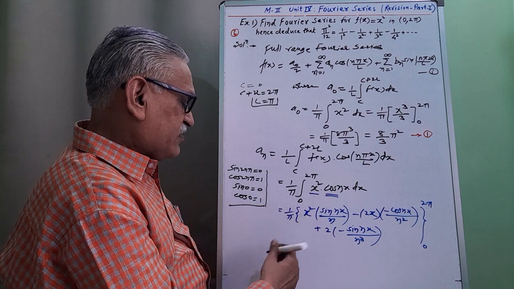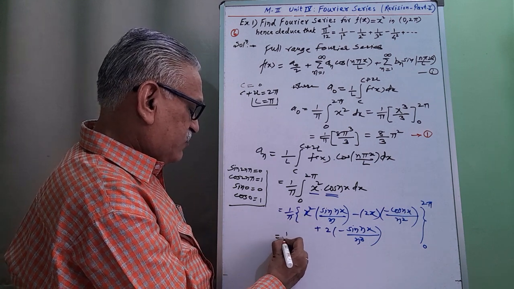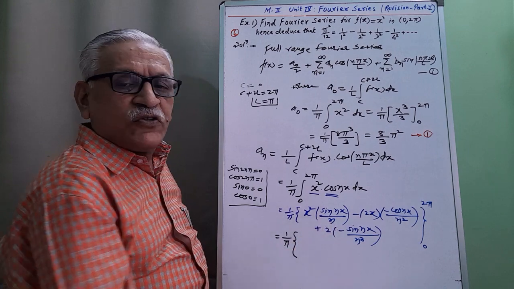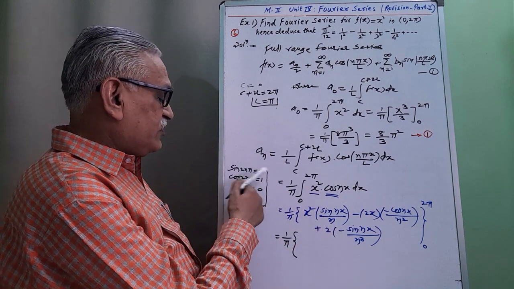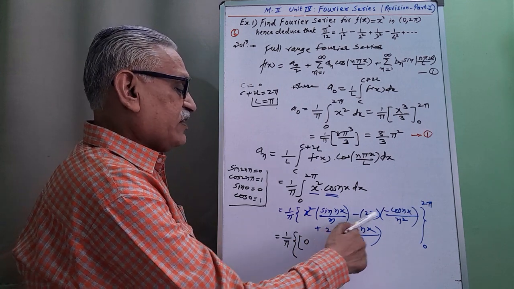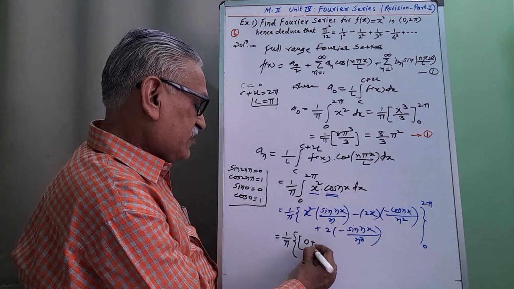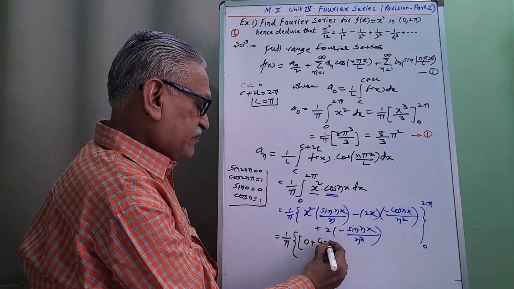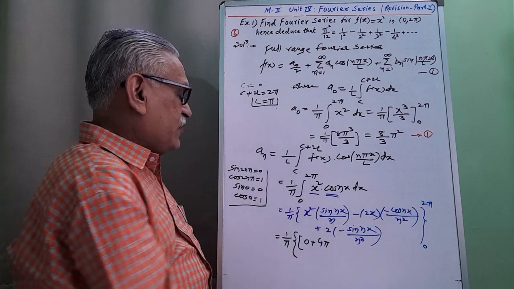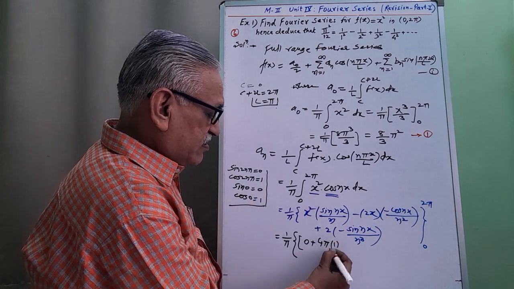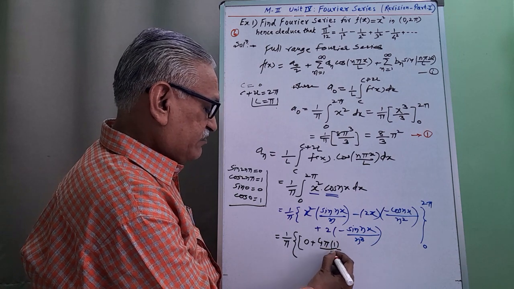Therefore, when we substitute that upper limit, we get 1 by pi, as it is no change. This becomes sine 2n pi, and as sine 2n pi is 0, that first term becomes 0. Then minus, and this minus becomes plus, 2x, 2 times 2 pi, it becomes 4 pi. Cos of 2n pi, and the value of cos 2n pi is 1. Therefore, it is 1 divided by n square.